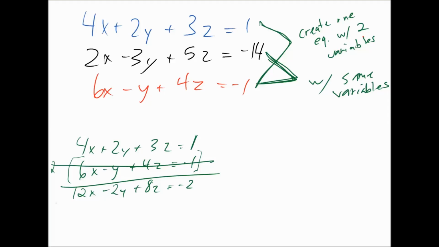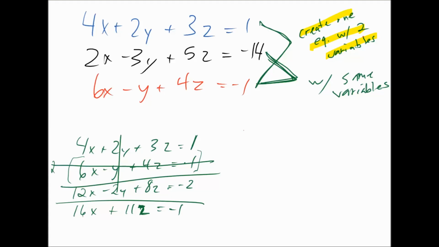Okay. Now we can add those together to get 16x, y's cancel out, plus 11z equals negative 1. Okay. So I did this first part. I created one equation with two variables. Now I'm going to create another equation with the same two variables.